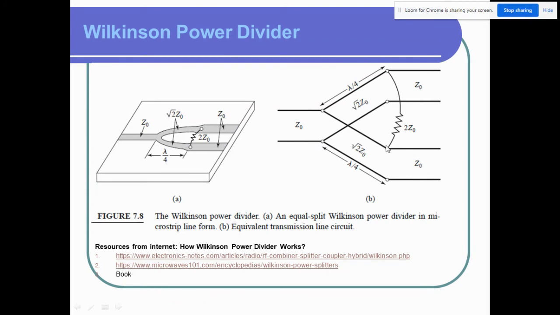And one more extra resistive element we need to add from here to here, in between these two, of twice Z0. Meaning if it's 50 ohm characteristic impedance, then 100 ohm needs to be added here. So this is an equal split, an equivalent transmission line of this one, and this is an equally split microstrip form.